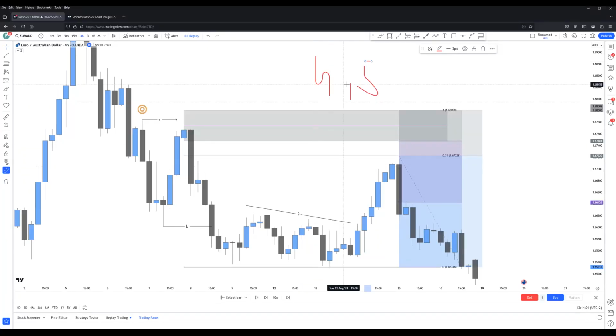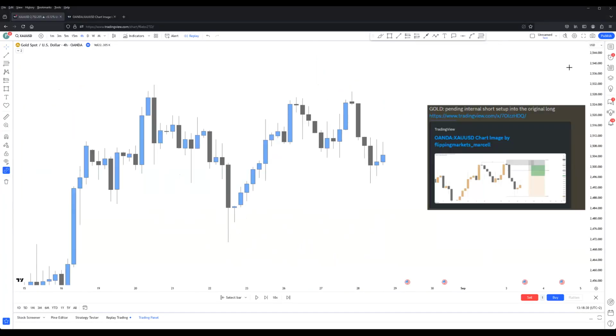Now let's just take an example for the reversal. And here is the reversal example, showed on gold. So once again, we are looking for a reversal right here. And let me just show you the trade idea that I sent out for the Academy members, because this is a really important thing in the Academy, that we are executing every single trade together as a community.